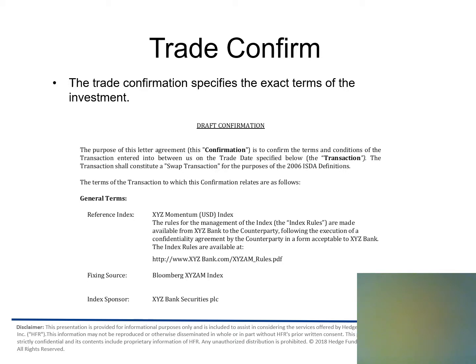This is the legal document that summarizes the terms of your investment, which strategy you're investing in, the fees, tenor, everything.